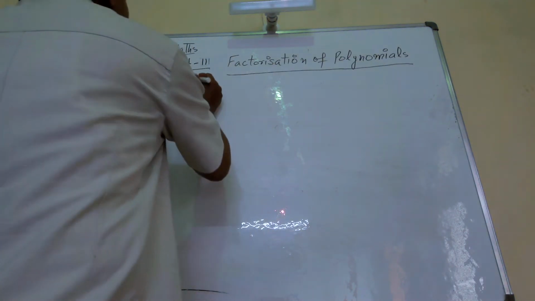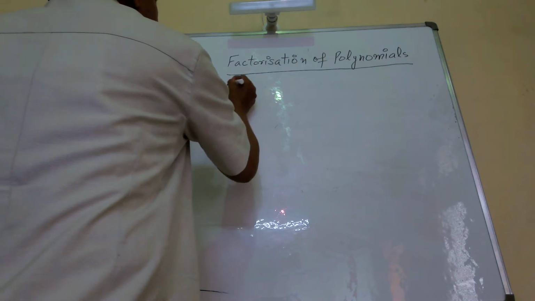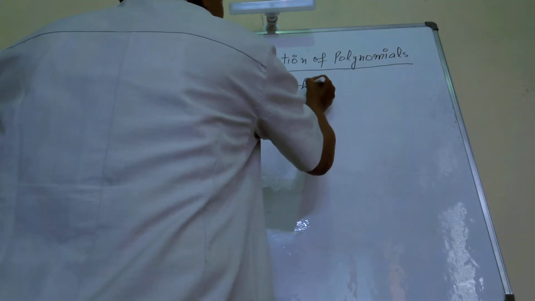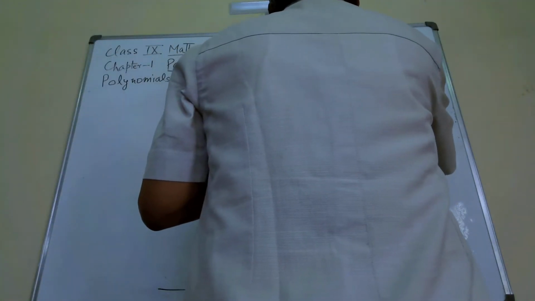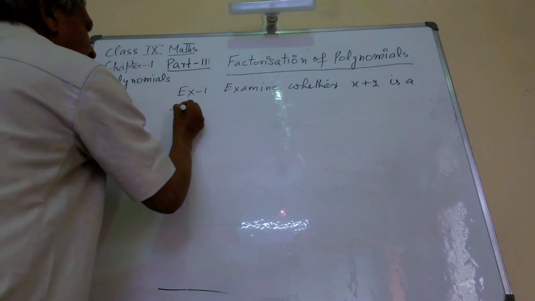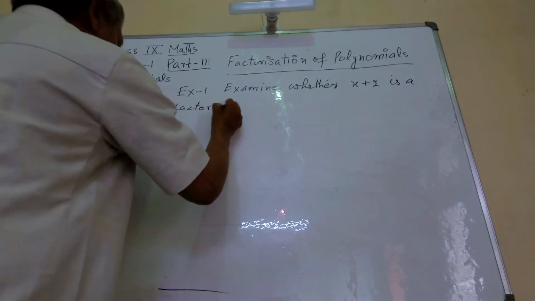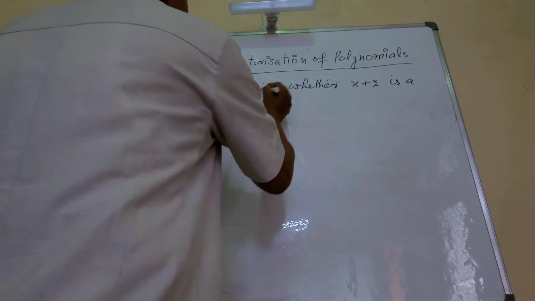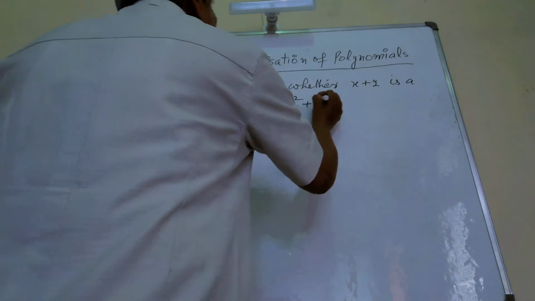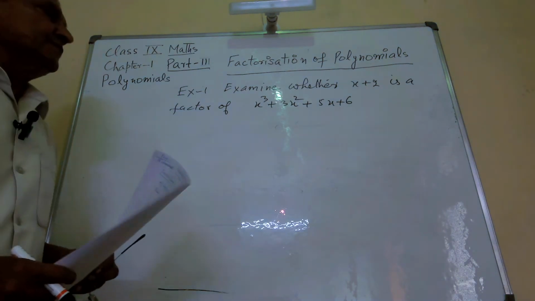Example first: examine whether x plus 2 is a factor of x cube plus 3x square plus 5x plus 6. This is the question.